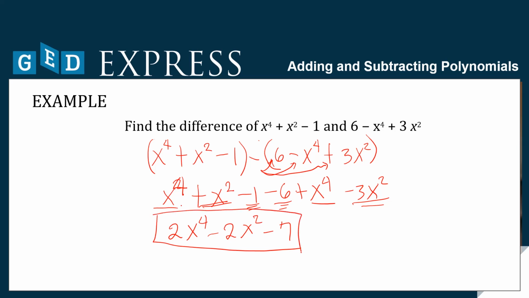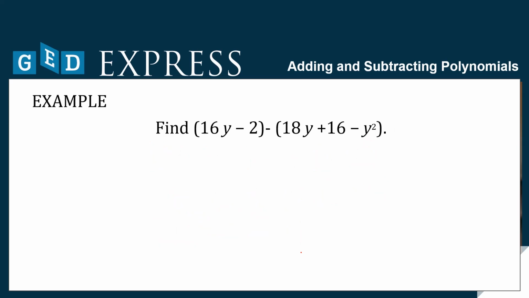Let's try some more examples. Okay, find 16y minus 2 minus 18y plus 16 minus y to the power of 2. In this subtraction problem, the parentheses around 16y minus 2 can be dropped.